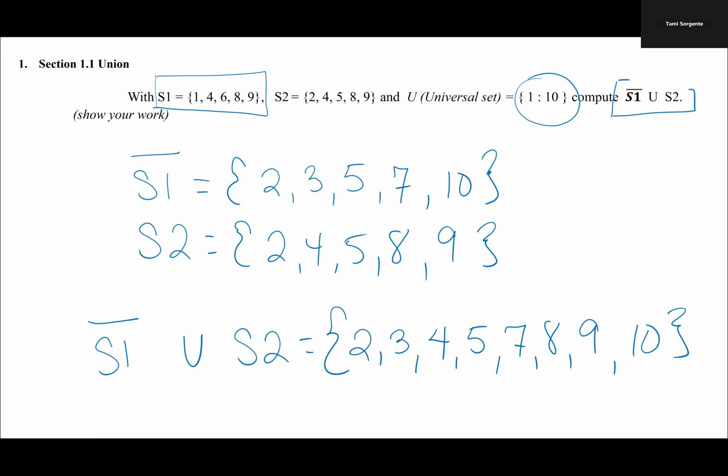So basically, the only numbers that are not in the union of S1 complement with S2 would be the number 6 and the number 1. If I asked you to do the union of S1 and S2, that would be different. You would include the number 1 and the number 6 because that's part of S1. But this question didn't ask that. It asked for the complement of S1.